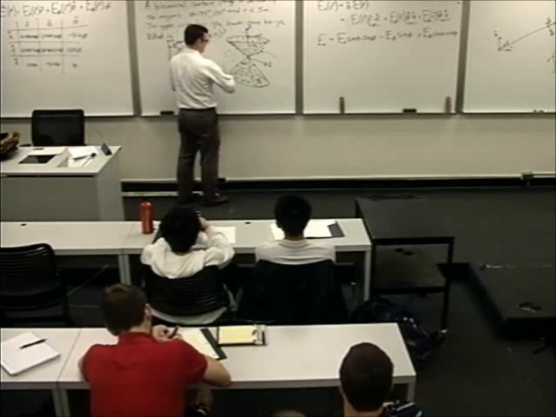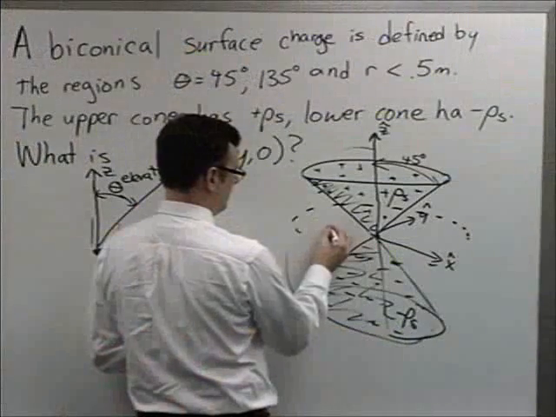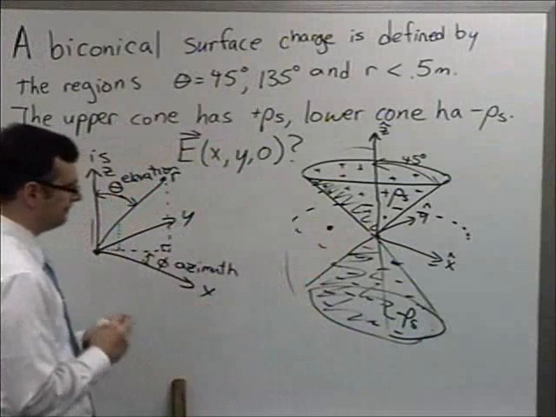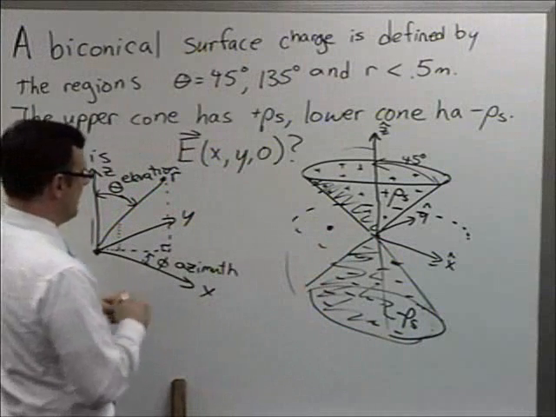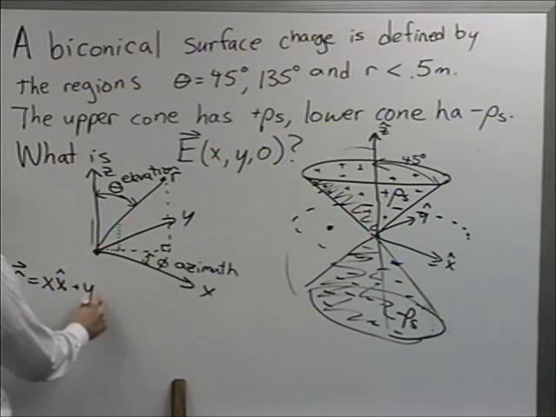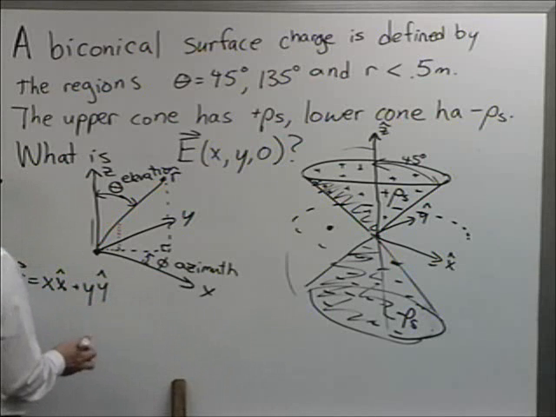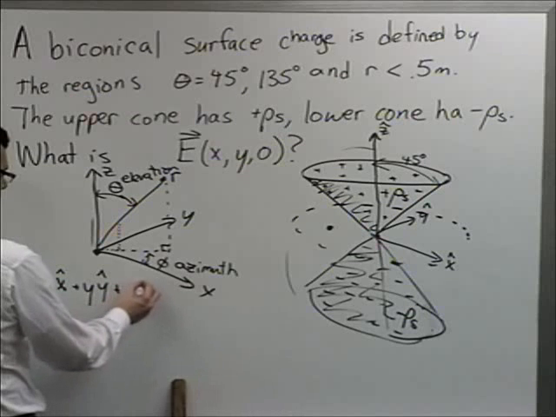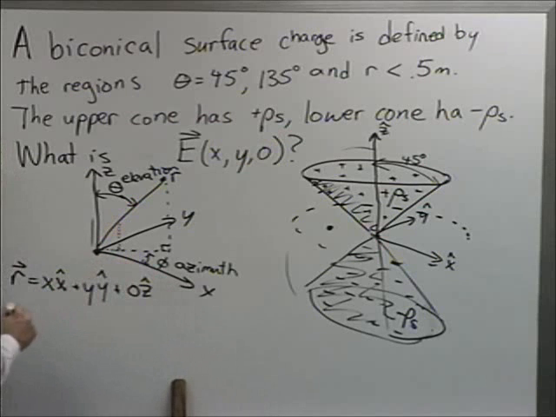We're asked to find an E field on the xy plane. And it's nice because my point of observation is now going to be x on the x hat, y on the y hat. I'm going to leave this in Cartesian coordinates for the time being, and 0 on the z hat.